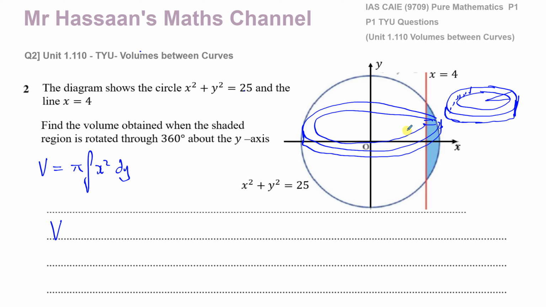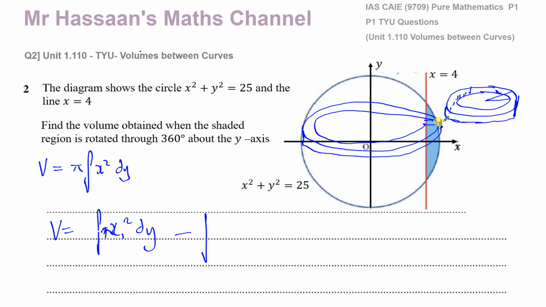the volume of that little disc all the way around is going to be the volume of the whole thing minus the volume of the inner disc. So it's given by the formula pi times the outer one, x1, squared dy, minus the volume of the part that's missing.